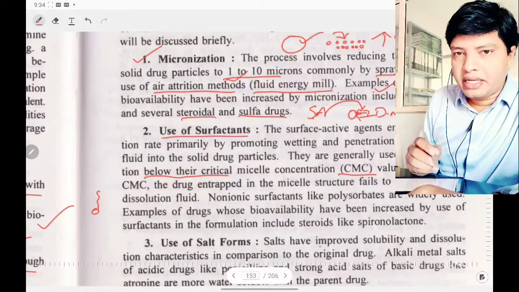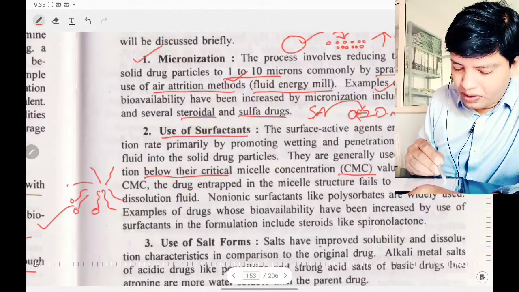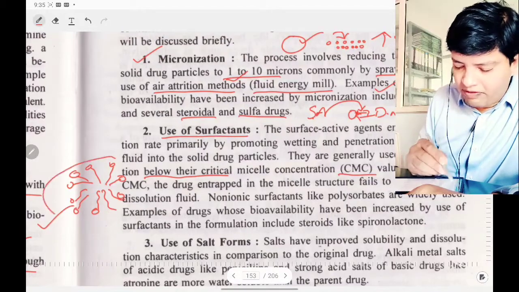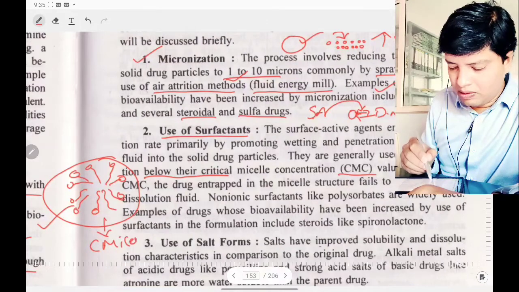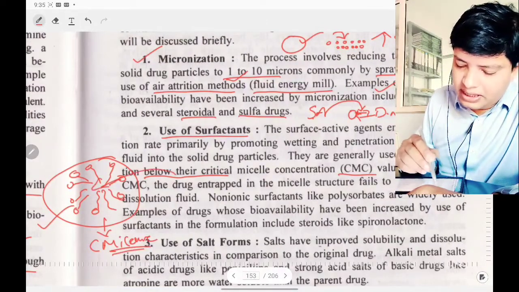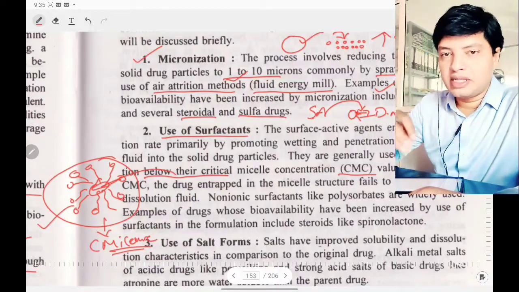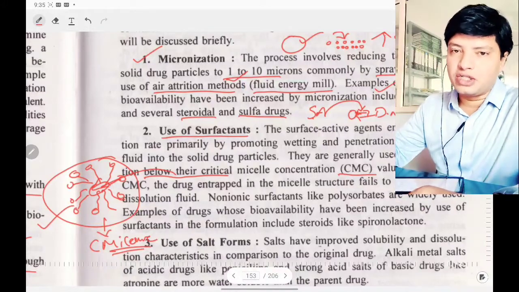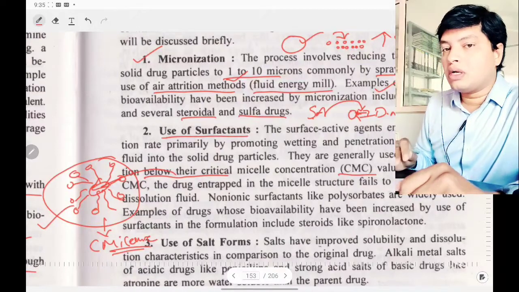If you keep on increasing the concentration, at CMC it will form this structure, which we call a micelle. The drug will go and sit inside the micelle. Again there will be a partition issue, so to avoid this you need to use the surfactant only below CMC.